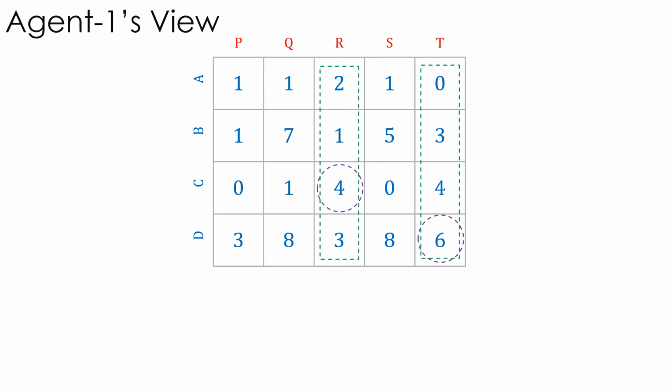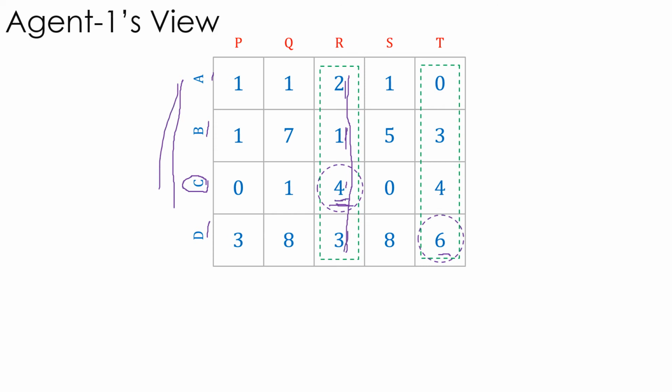Now let's look at why agent 1, the blue agent, will not deviate from the Nash equilibrium points 4 and 6. Because we have to look at the payoffs if the agent unilaterally switches actions. Suppose this is the Nash equilibrium point, then agent 1 is selecting action C, and if he deviates to B or A or D, then the payoffs will go from 4 to 1, 2, or 3, all of which are lower than 4.